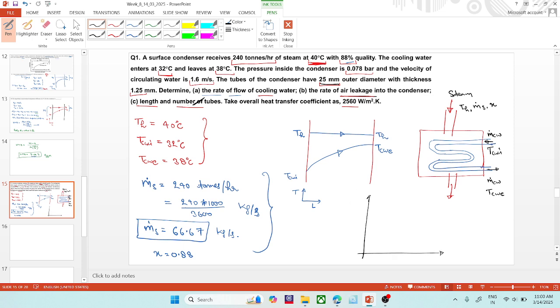From there, we will get to know what exactly we have to do. This is T, this is S. Okay, so let's suppose this is the condensing line.